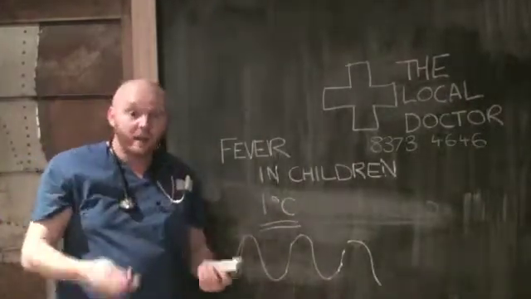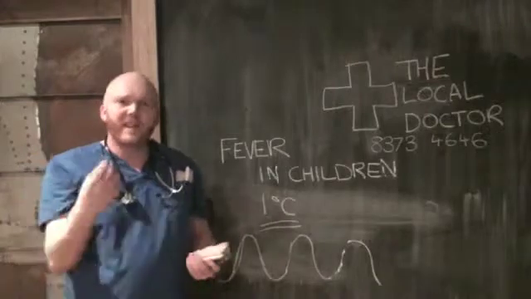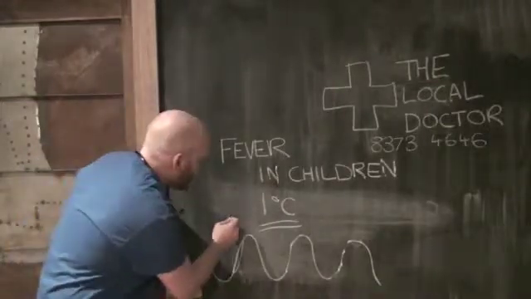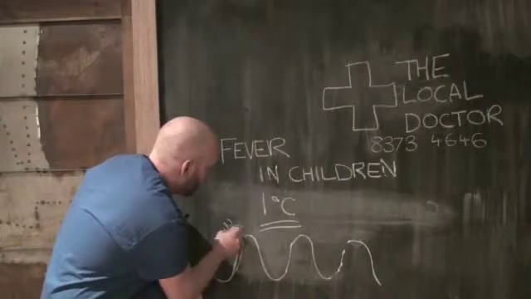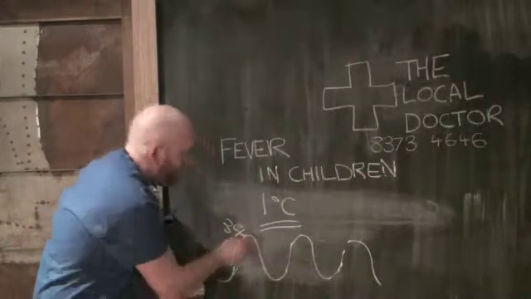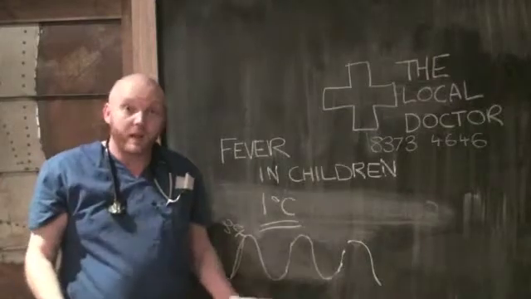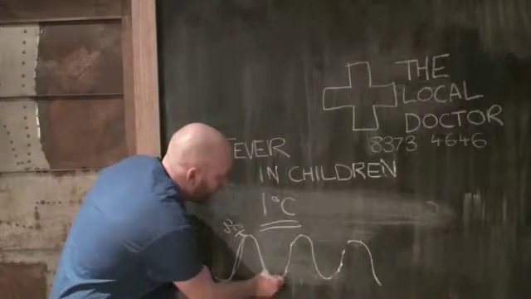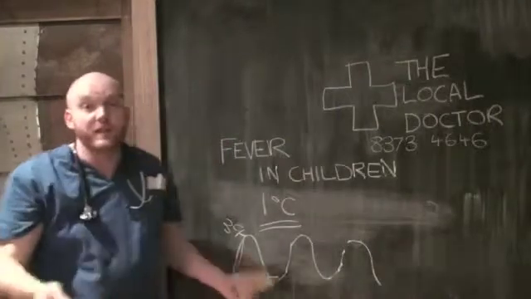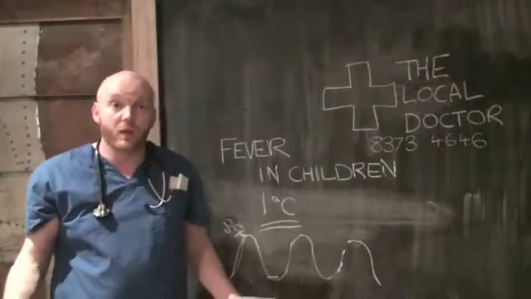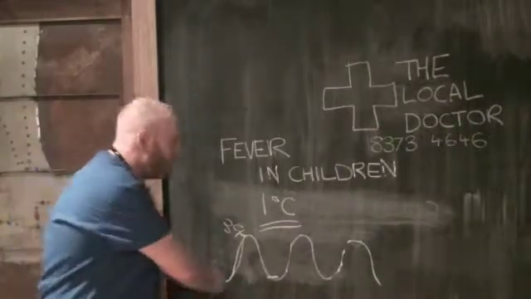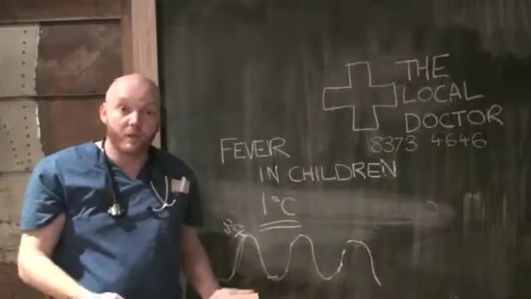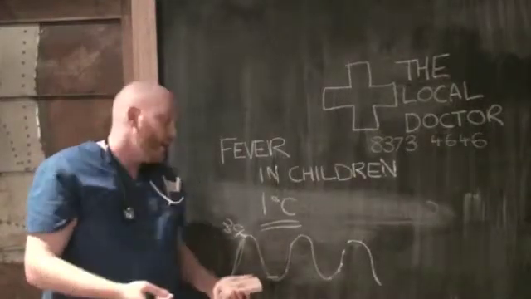So a child's playing with the little toys, they suddenly become grizzly, you feel them, they're quite hot, you check their temperature and they've got a temperature of 39 degrees, say here, and you think, oh my gosh, better get the Panadol and Nurofen, and then you check it an hour later, they've got a temperature of 37, you say, thank God for the Panadol and Nurofen. Whereas most of that rise and fall has actually been the natural rise and fall of that temperature anyway.